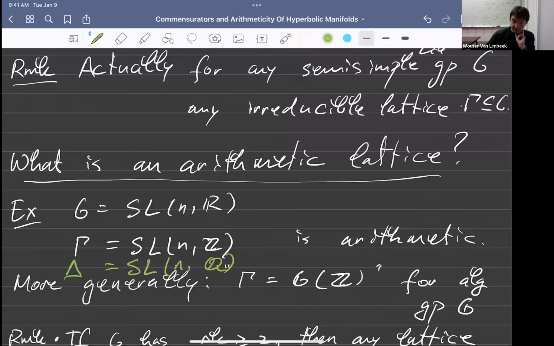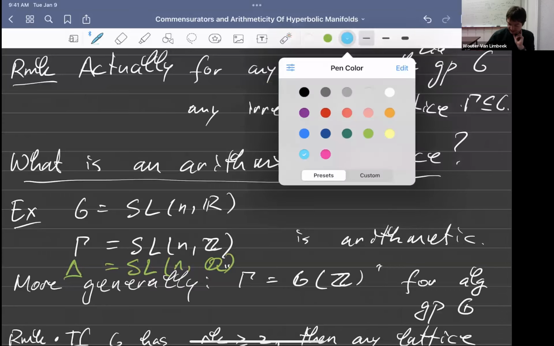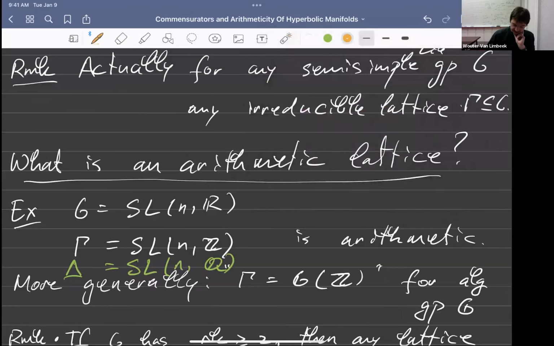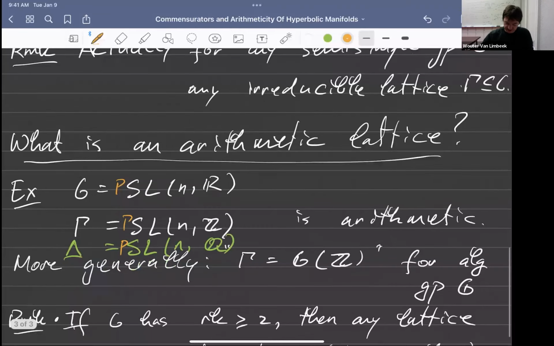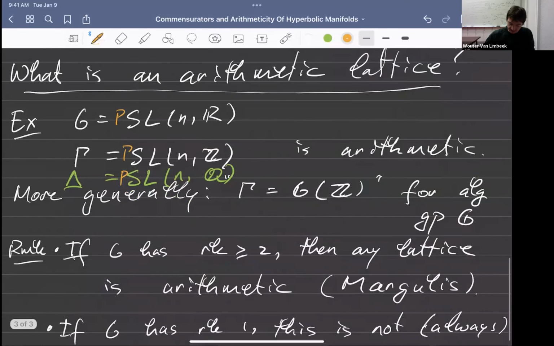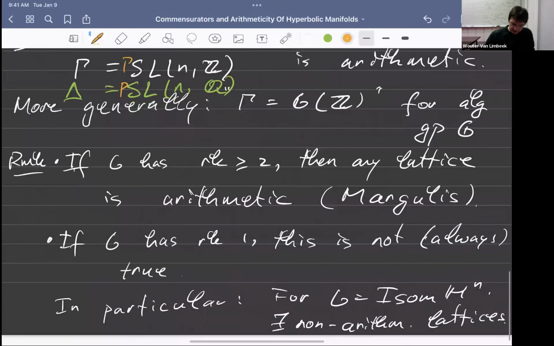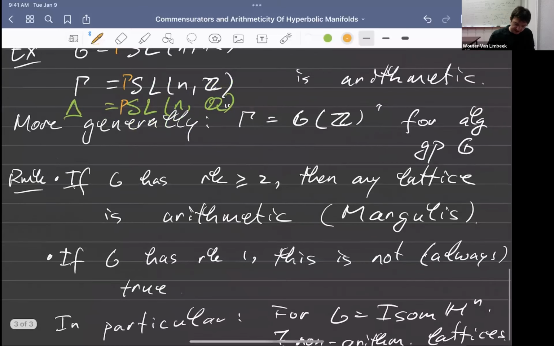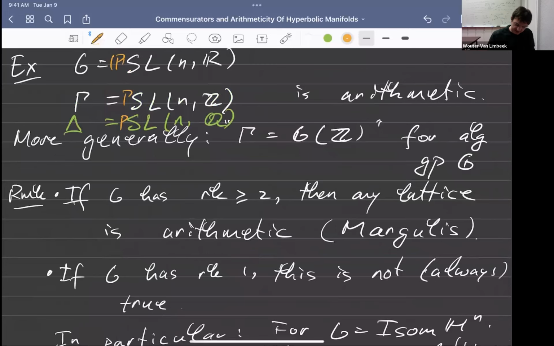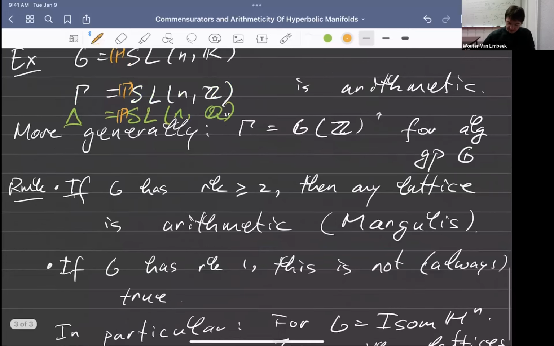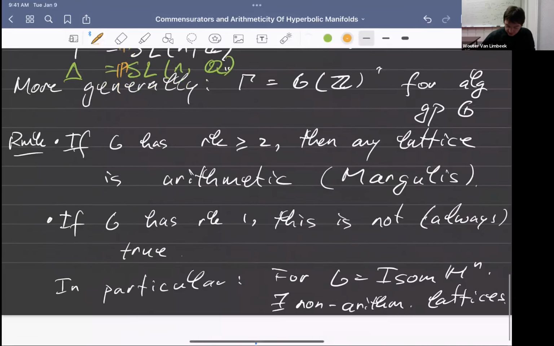If you're very astute, then you see that this is a lie, and to make it actually true, I should put PSL everywhere. But let me ignore this. It's a very technical point, so please ignore that if you want. Okay, so good.